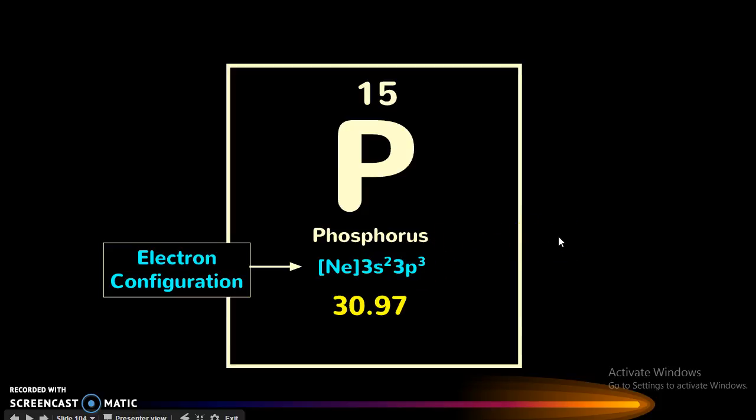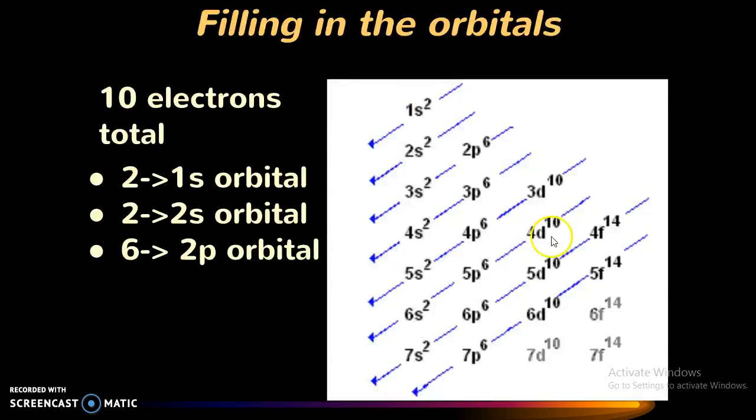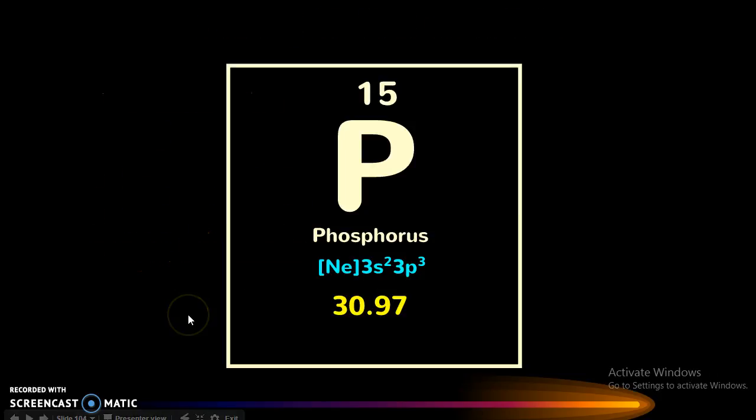So we filled up everything in the first electron energy level with the 2 electrons from the 1s2. We filled up the entire second ring of the electron, the 8, using the 2 from the 2s2 orbital and the 6 from the 2p6 orbital. And then we've added an extra 5 electrons to the third electron energy level, having these 2 electrons from 3s2 and these 3 electrons from the 3p3.